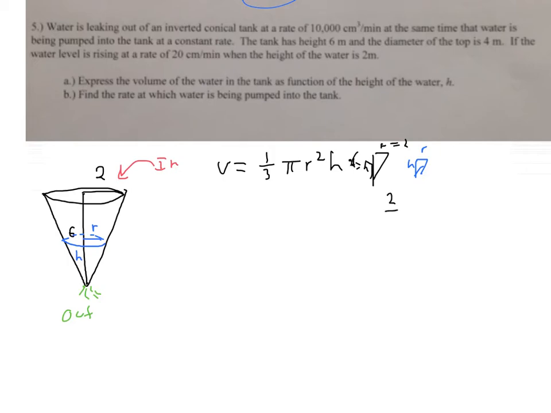So 2 over 6 is equal to r over h. R is equal to, multiply both sides by h, and 2 over 6 reduces to 1 over 3. Volume is equal to 1/3 pi r squared h, where r is h over 3.